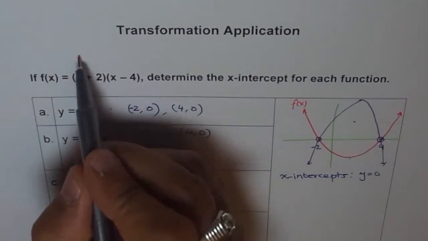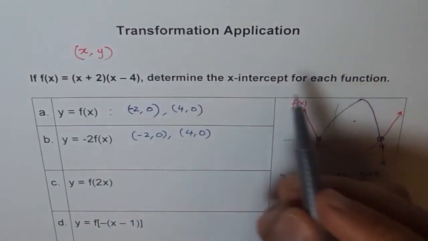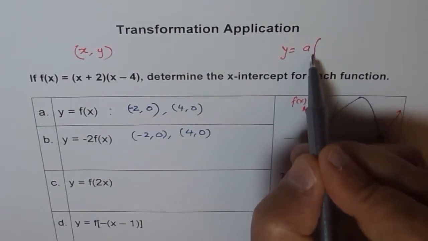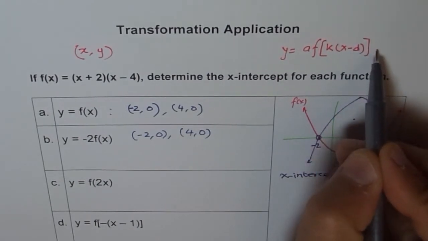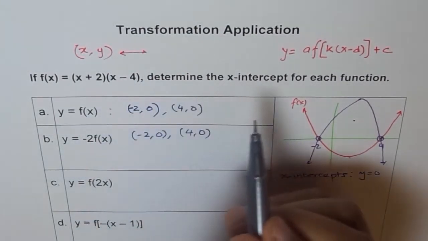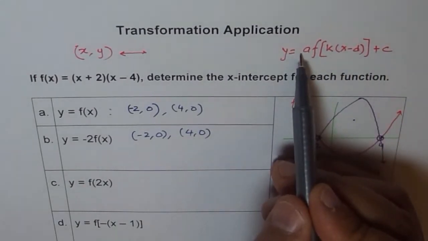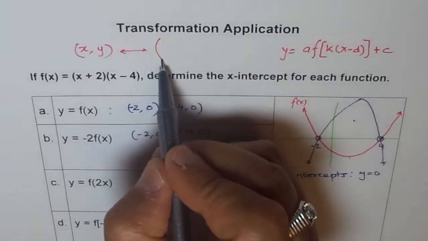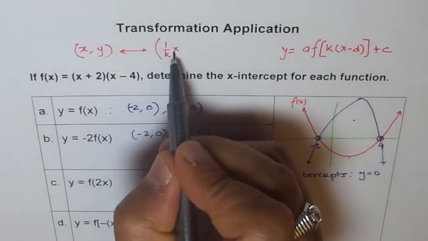In the original function, if I have a point (x, y), and if we do a transformation, let us say my transformation is y equals a times f of k(x minus d) plus c, then how will my point be transformed on the image? a and c actually affect only y, and the inside parameters affect the x value. So my image point actually will be, x will be divided by k, so I'll have 1 over k times x plus d.